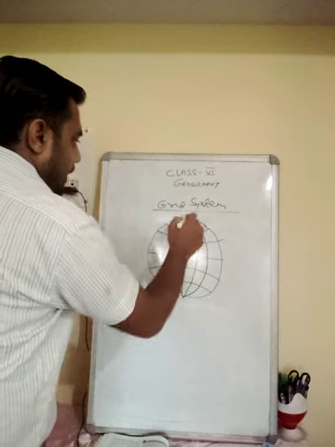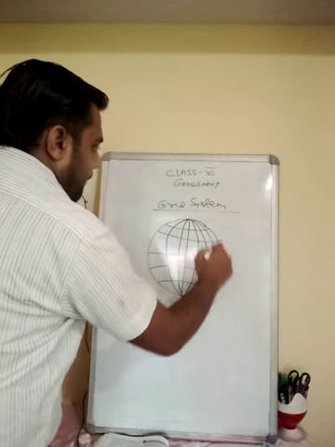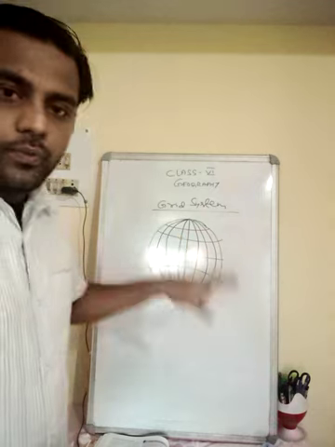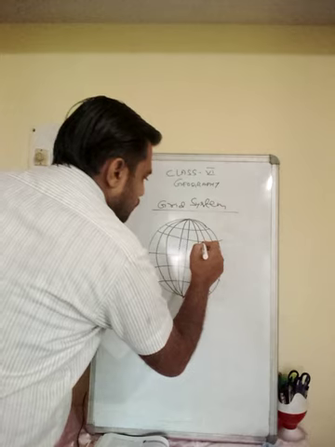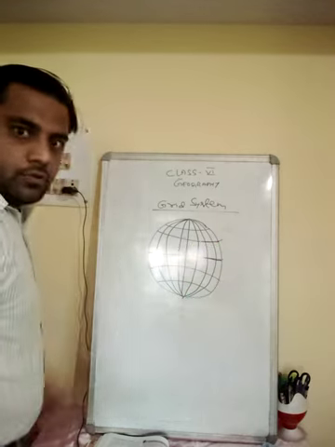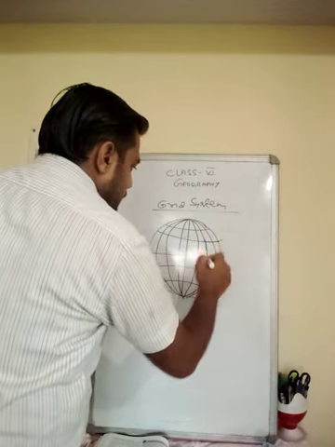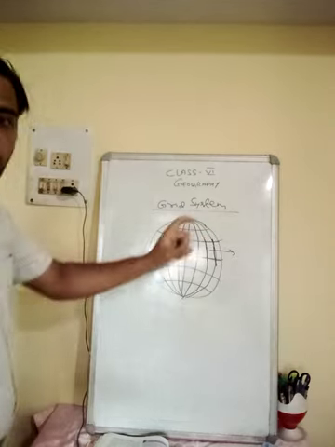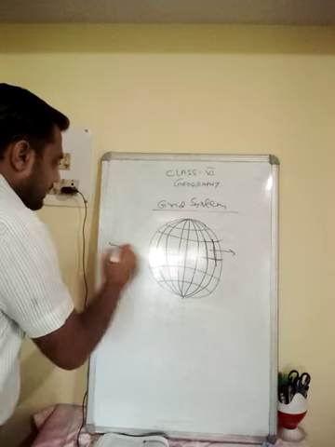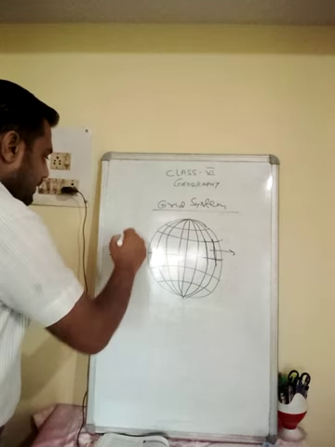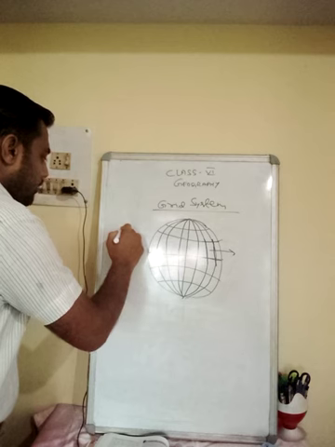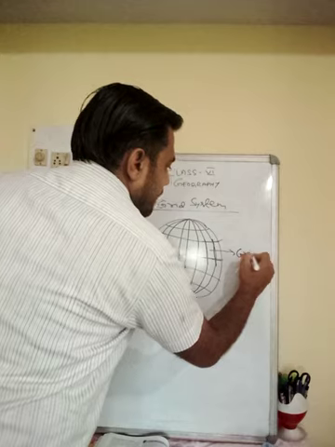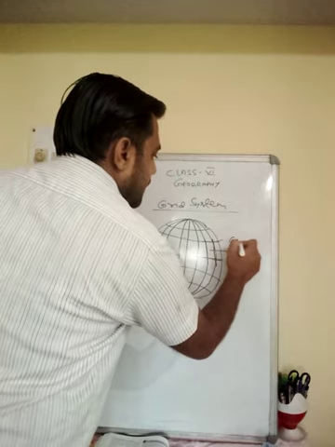Now if both are placed together on the same map, you are going to notice one thing here, that wherever two sets of latitude cross with two sets of longitude, they form a square box. Once again I am telling you, when two sets of latitude cross with two sets of longitude, they form a box. This box is known as a grid, or properly known as geographic grid.